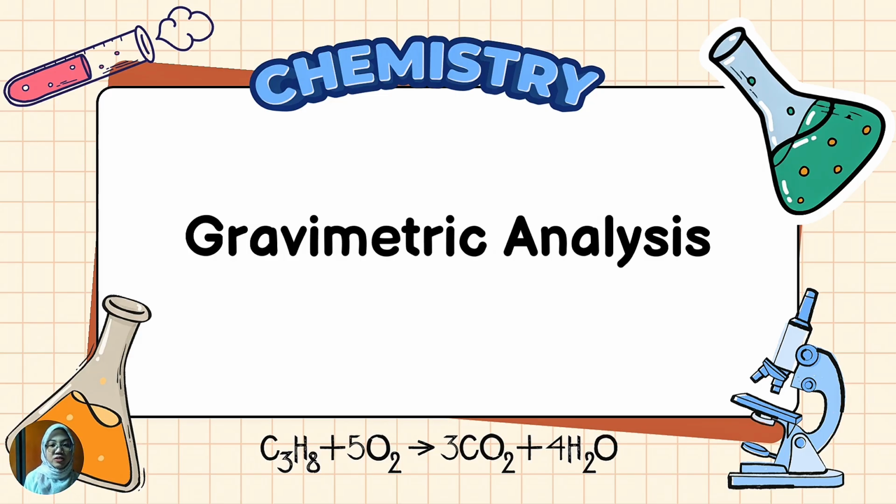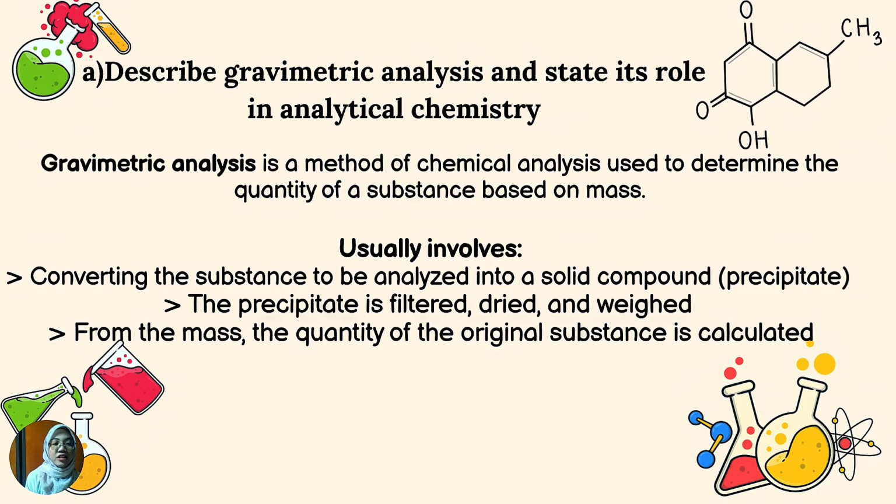I want to discuss gravimetric analysis. Gravimetric analysis is a method of chemical analysis used to determine the quantity of a substance based on mass. It usually involves converting the substance to be analyzed into a solid compound. The precipitate is filtered, dried, and weighed.